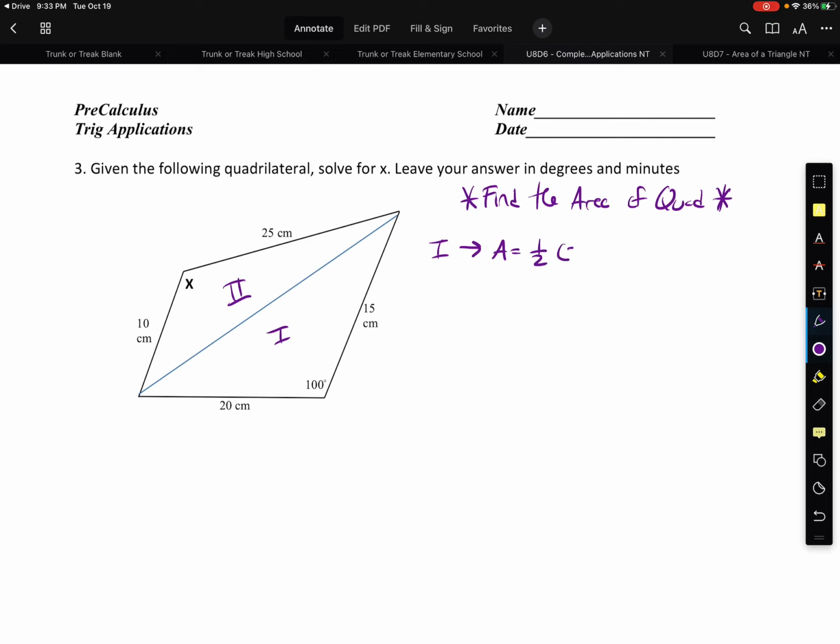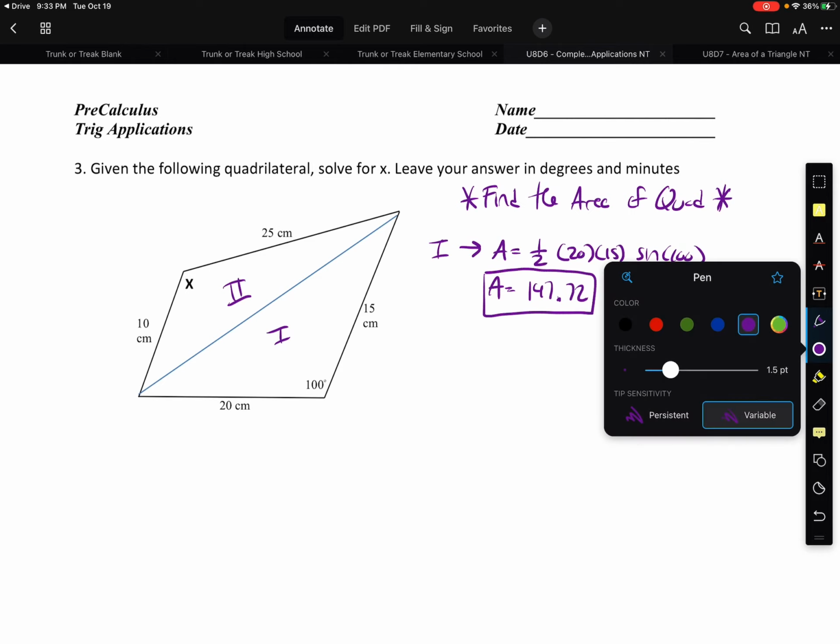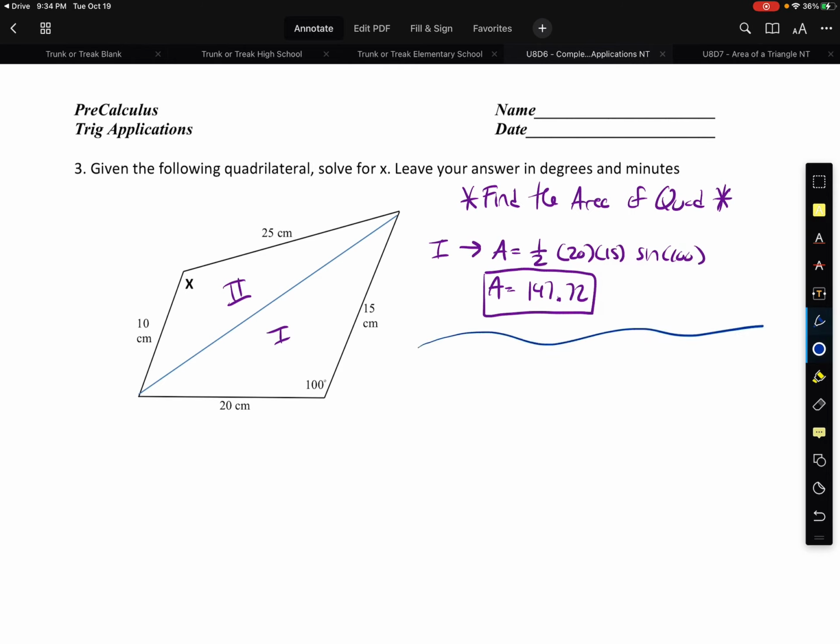Right away, section 1 area equals 1/2 times 20 times 15 times sine 100. 0.5 times 20 times 15 times sine 100, so I know the area of that piece is 147.72. I'm halfway there. I need more information to find the area of part 2. I either need angle x, or I need the side running along the middle of that quadrilateral.